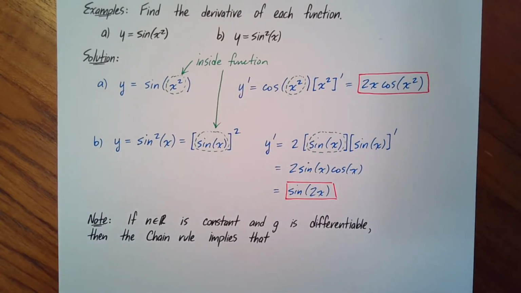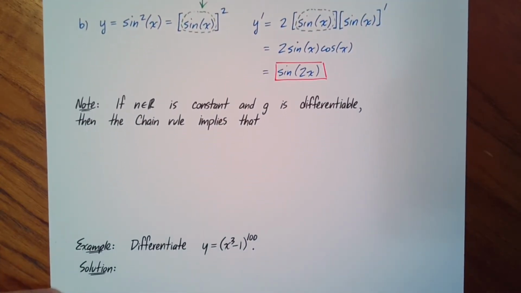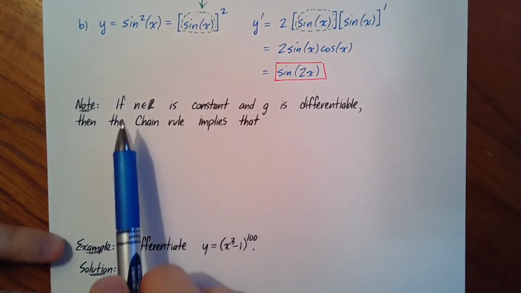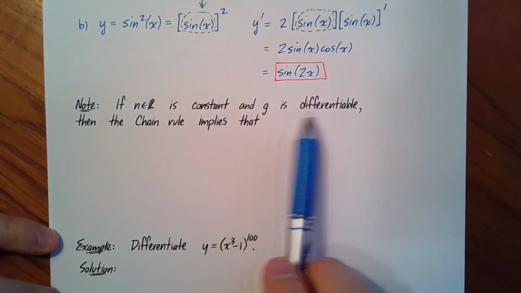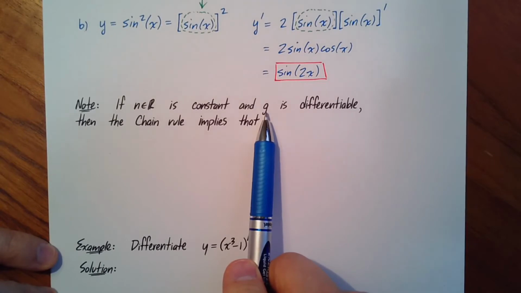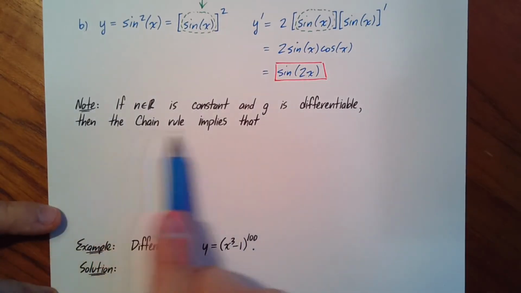Okay, so there's many consequences of the chain rule, but I'm going to write down one here that shows up so often that it's worth taking special note of, and this is called the generalized power rule. So here's how it goes. If you have some constant real number n, and some differentiable function g, remember that just means that you can take its derivative, then the chain rule implies the following.